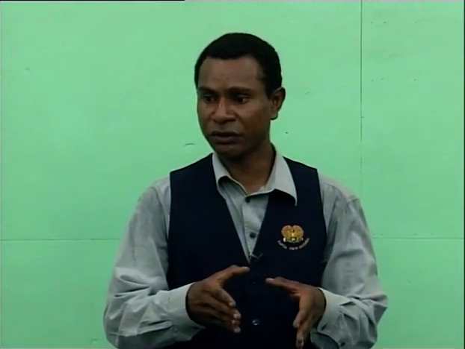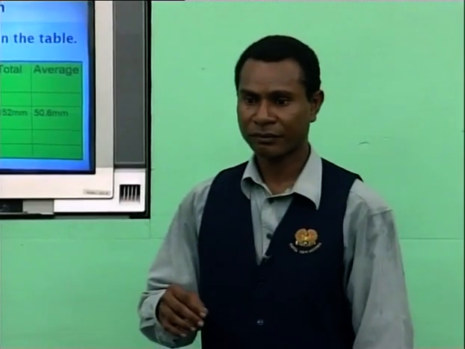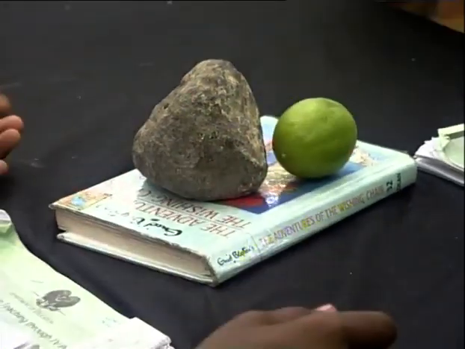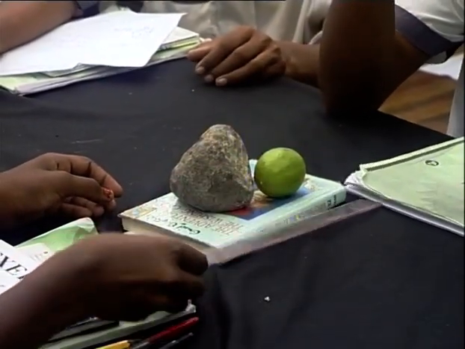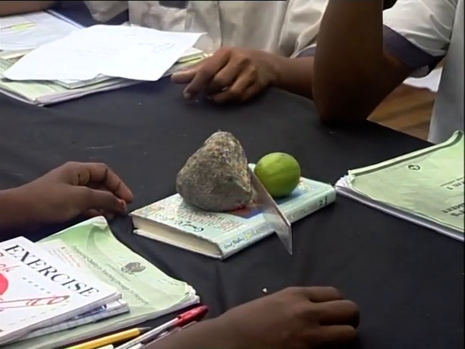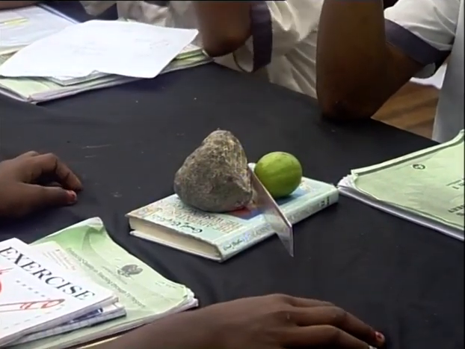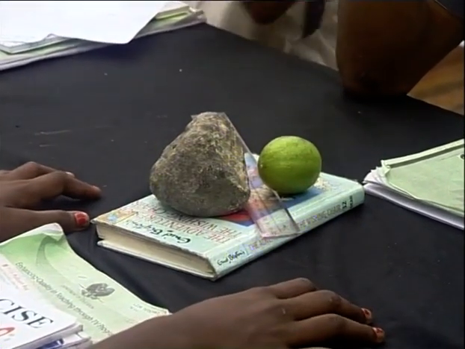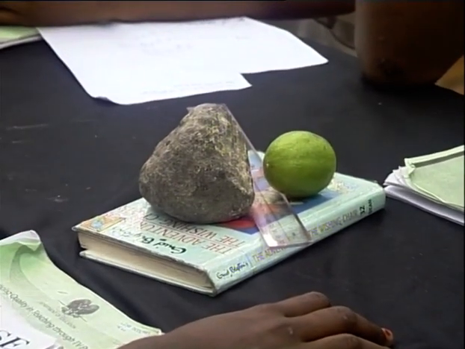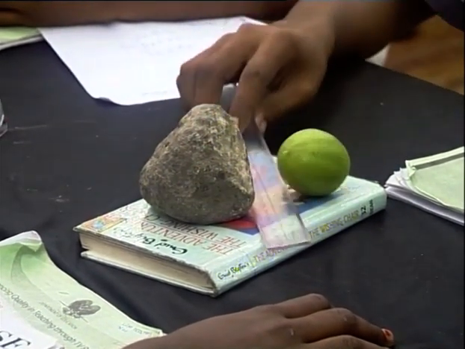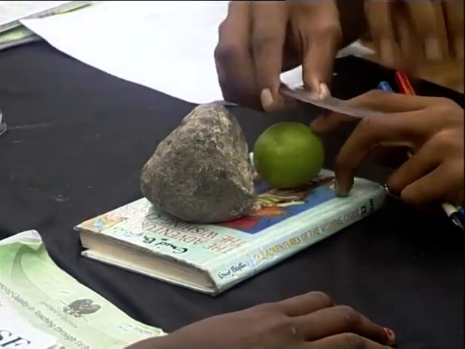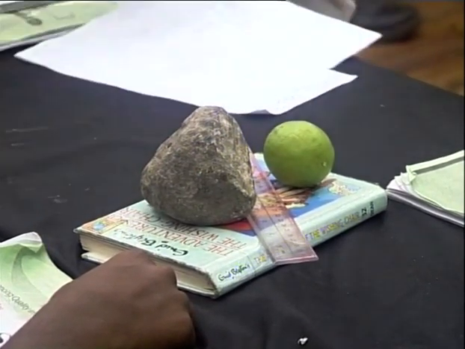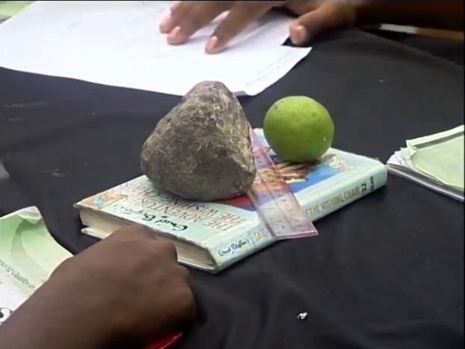Place the object that you will use in the center of the table. You should have a ruler and blocks.